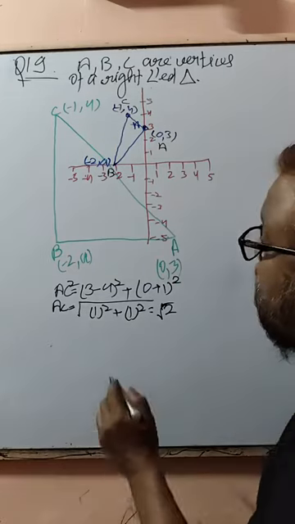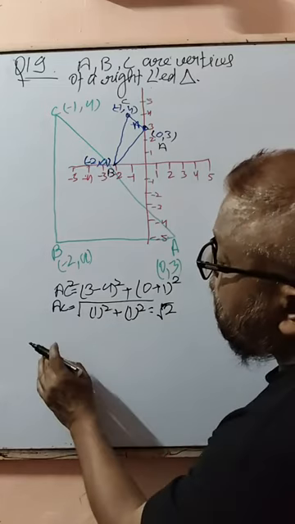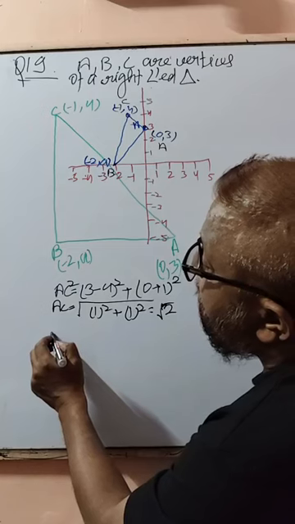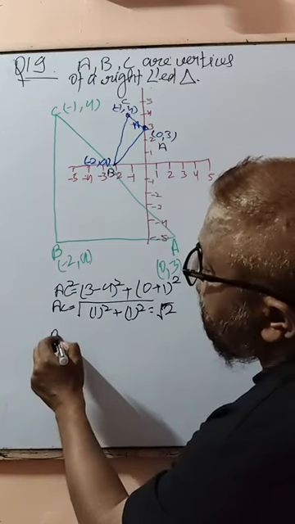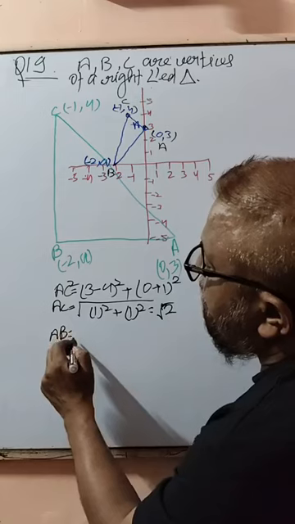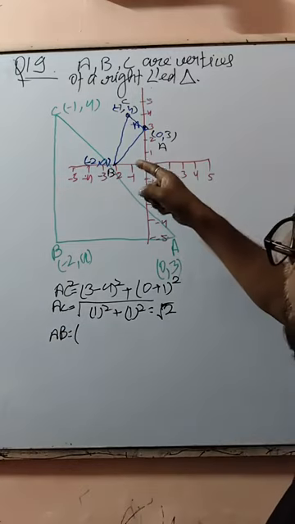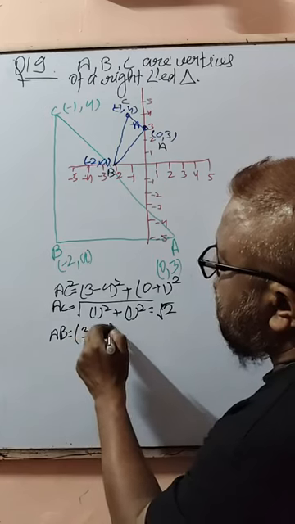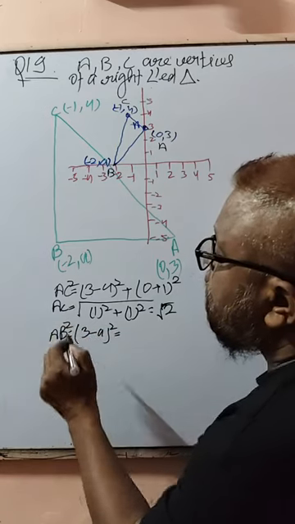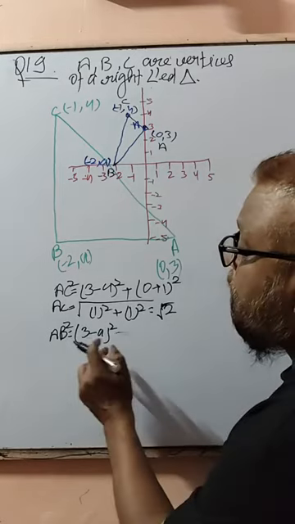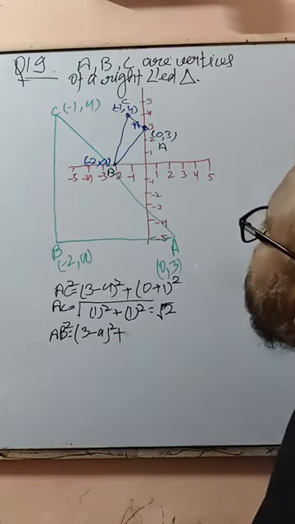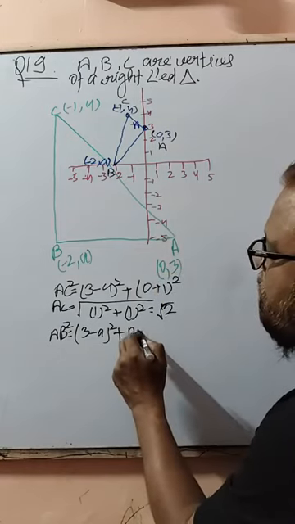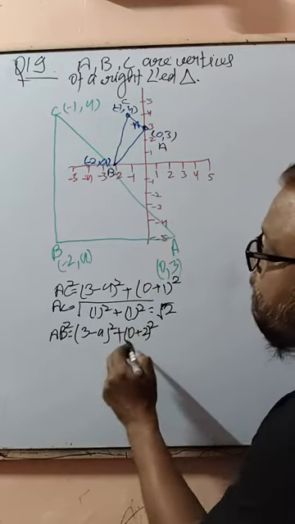Now we take AB. What happens in AB? 3 minus a whole square plus 0 plus 2 whole square.